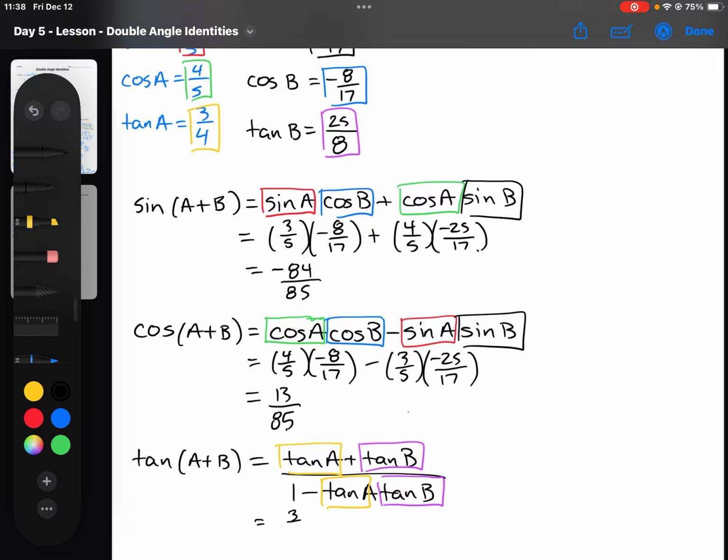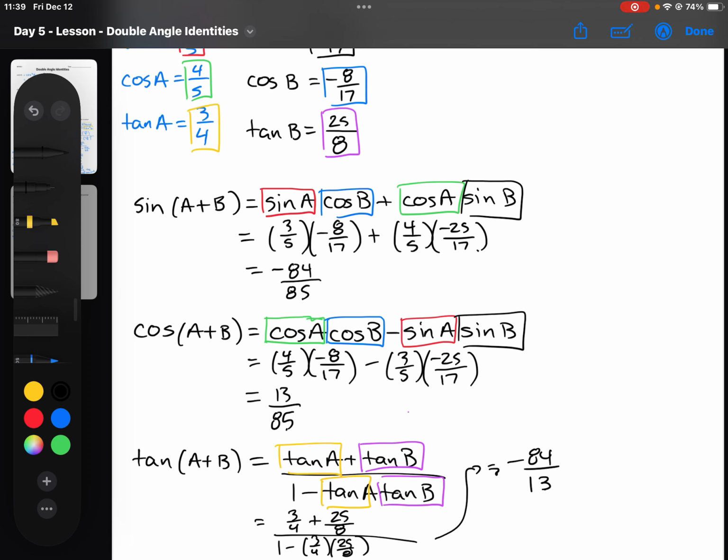So tan A is 3/4, tan B is 15 over 8, and then on the denominator, I have 1 minus 3/4 times 15 over 8. When you simplify that, I'm going to get minus 84 over 13.